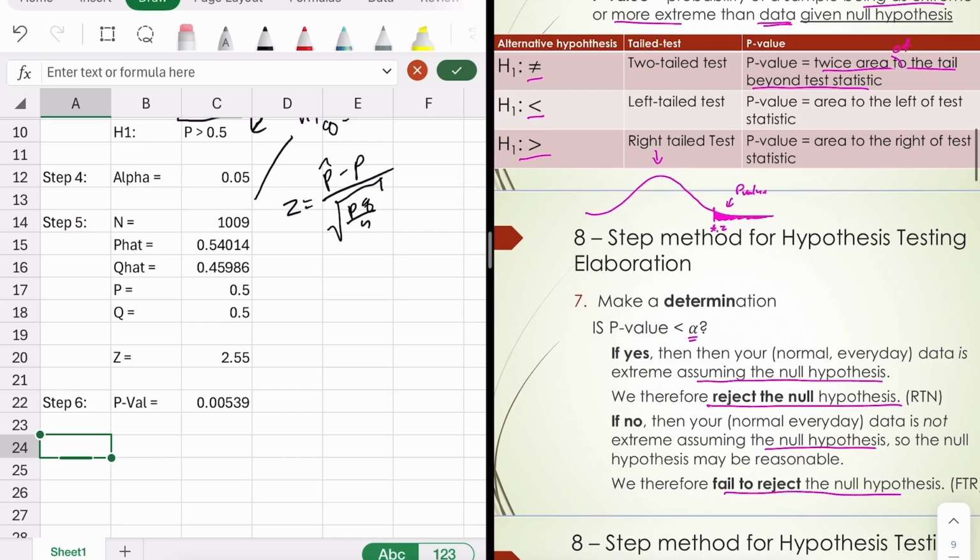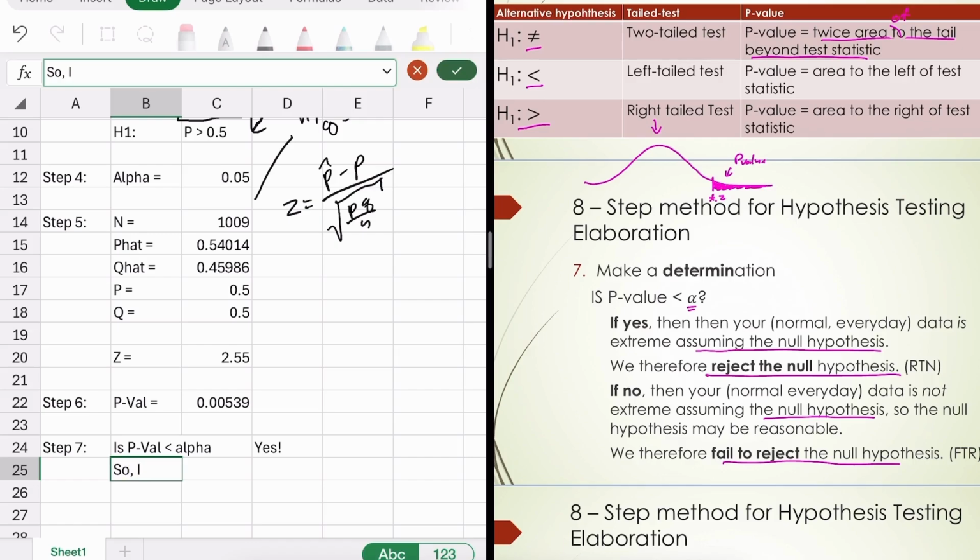Now it's time to go to step 7 and make my determination. Is the p-value less than alpha? Yes, so I reject the null hypothesis. The p-value is the probability of finding data as extreme or more extreme than my sample. That probability is very small.